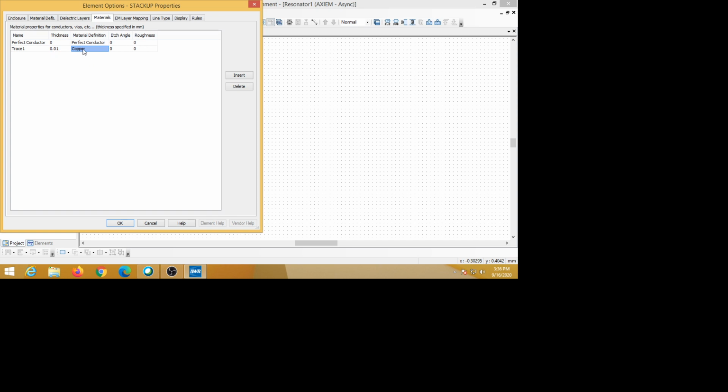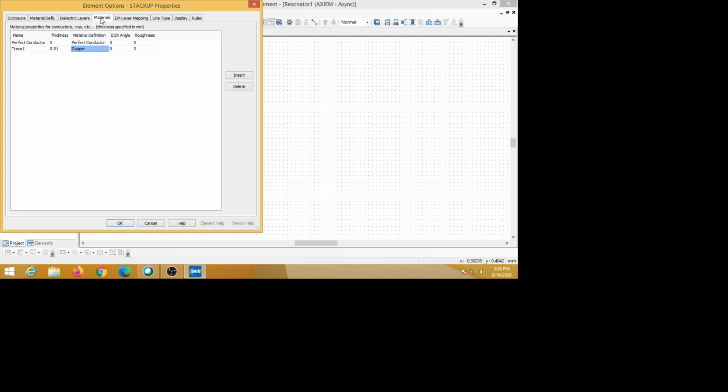Once it comes, there are two, perfect conductor and copper, but we want copper. That is one part, using which we are drawing the structure, and it has a thickness of 0.01. So these are the things we have to provide. We provided a thickness and we defined the material.